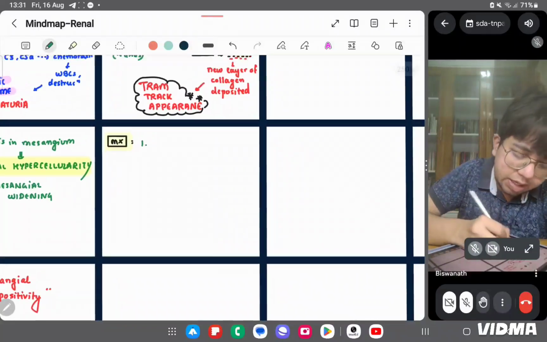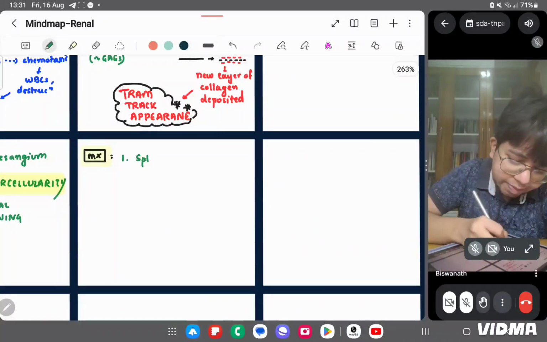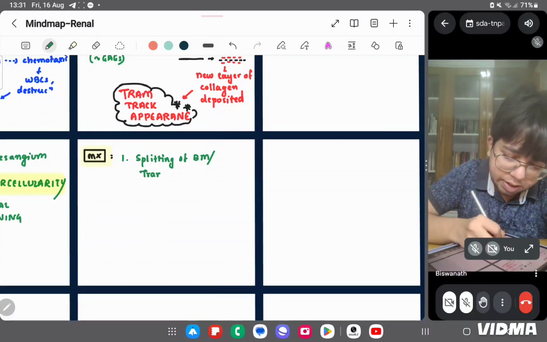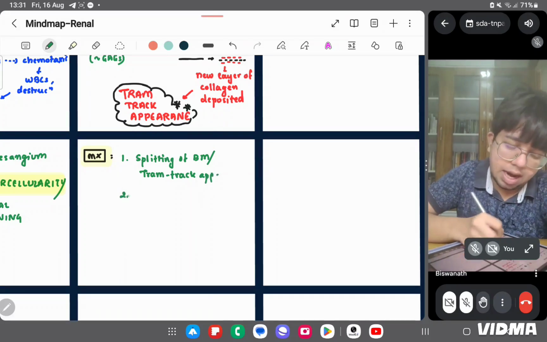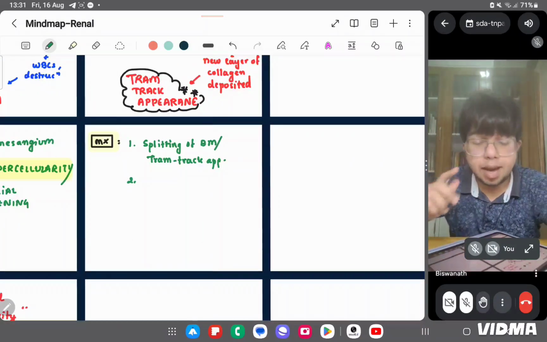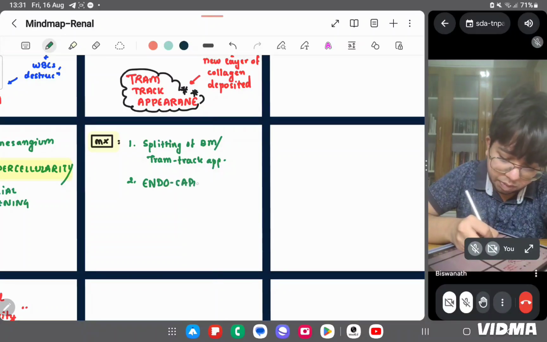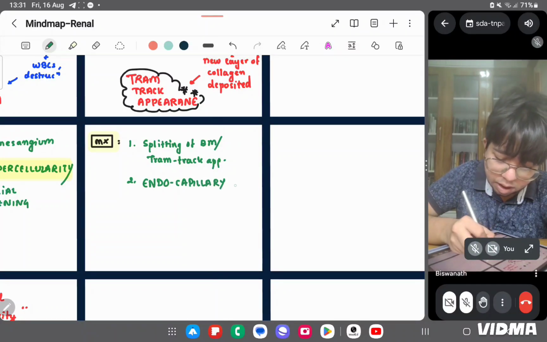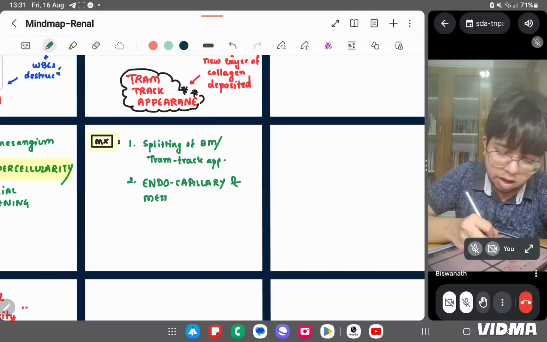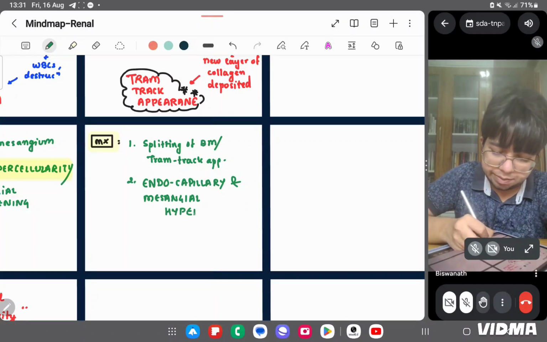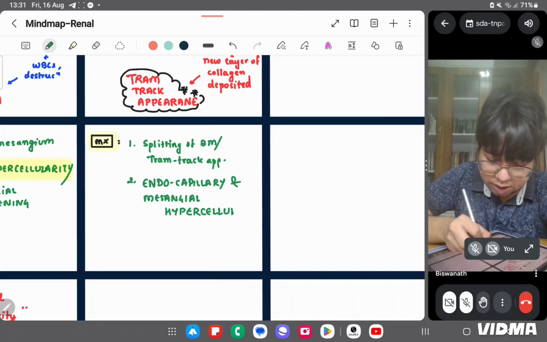So first thing is the tram track appearance or splitting of basement membrane. And the second thing you will observe is the endocapillary and mesangial hypercellularity.